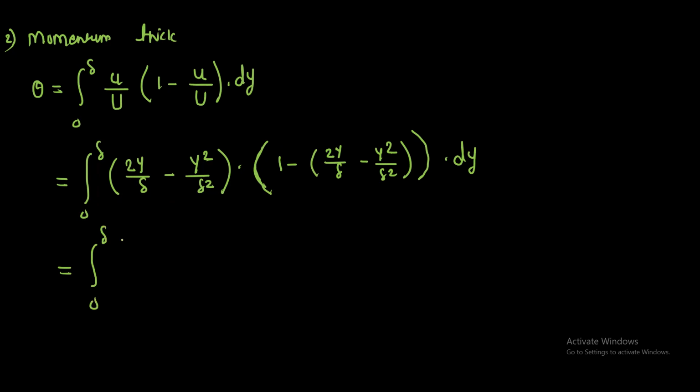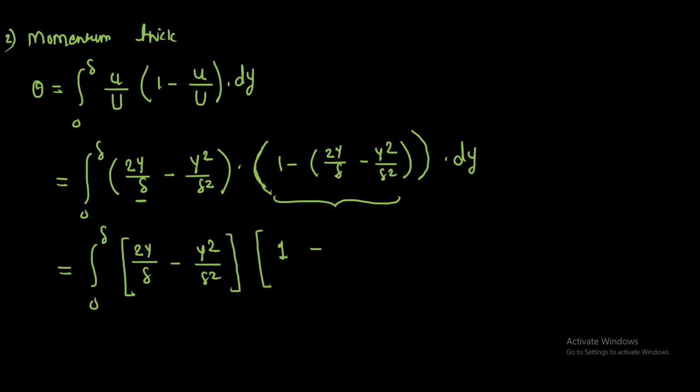Integration 0 to delta. Now multiply by this term to the complete bracket. So first we will try to simplify this term. So what we have is 2y upon delta minus y square upon delta square in the first bracket. In the second bracket we have 1 minus 2y upon delta, and this is minus minus plus y square upon delta square into dy.